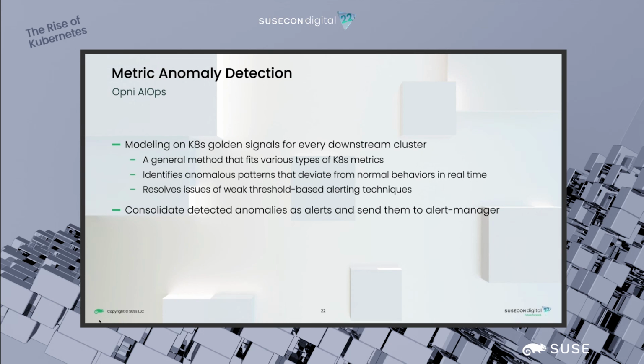In Opni AI Ops, we use a general method, SARIMA, as our base model, which is one of the most popular statistical learning models widely used by many other AI Ops tools too. SARIMA is short for seasonal autoregressive integrated moving average, where autoregressive indicates the model is a regression model that forecasts future values from its past observations.